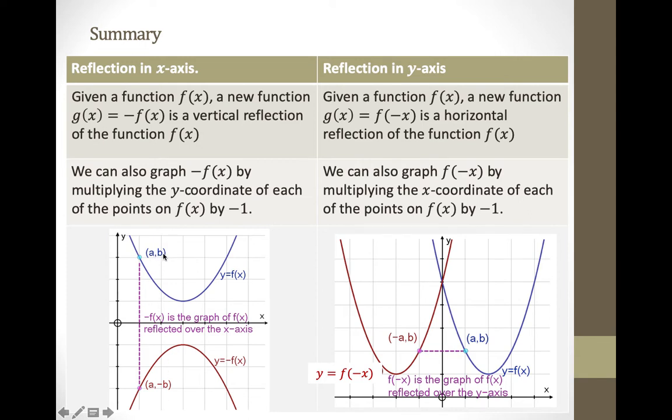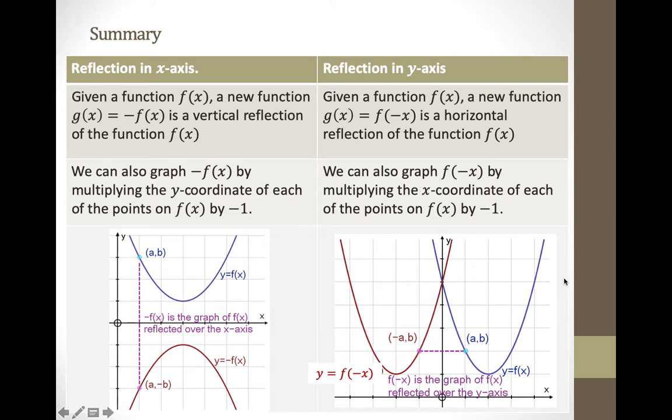So if I had A, B, it's going to become A, negative B. And that's reflected through this line here, which is the x-axis. So this point looks to be about 1, 2, 3, 4, 1 maybe becomes 4, -1, for example. One way to achieve that is to multiply the whole graph by -1.